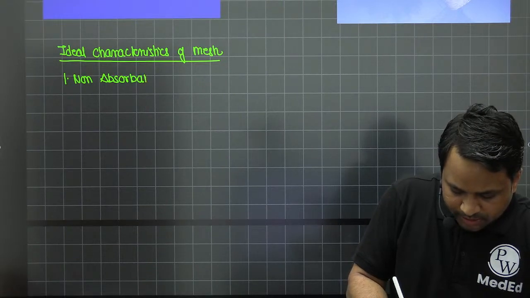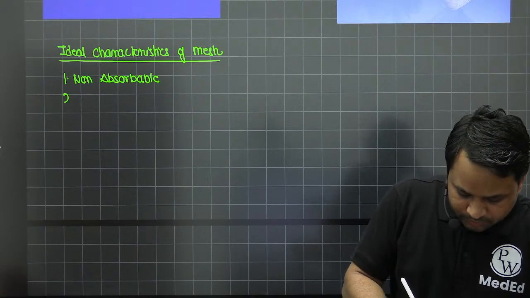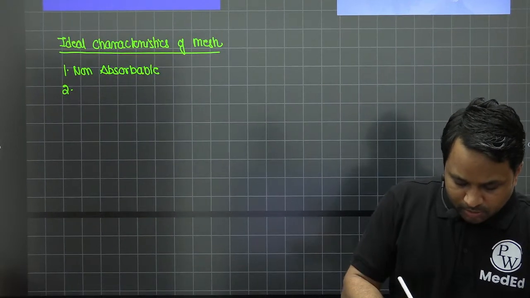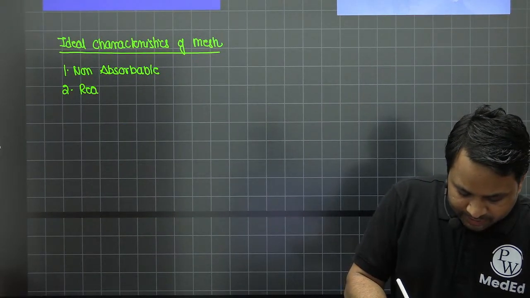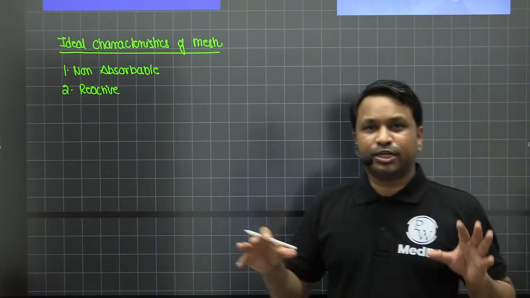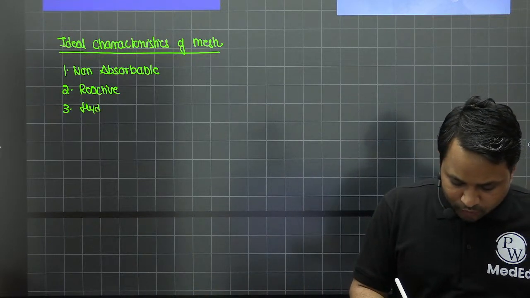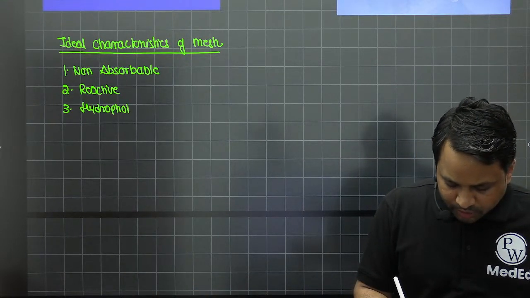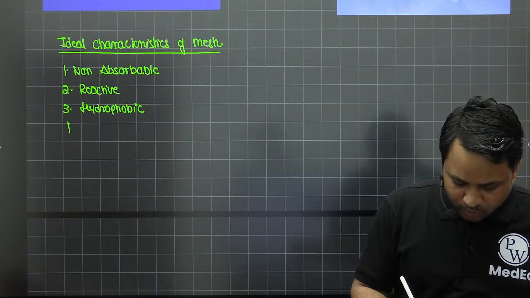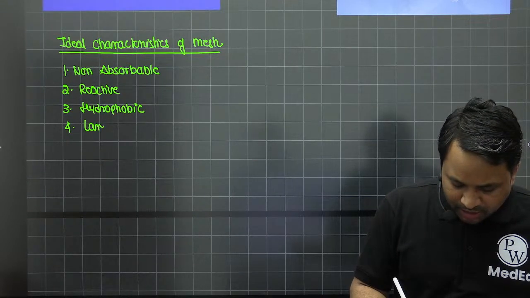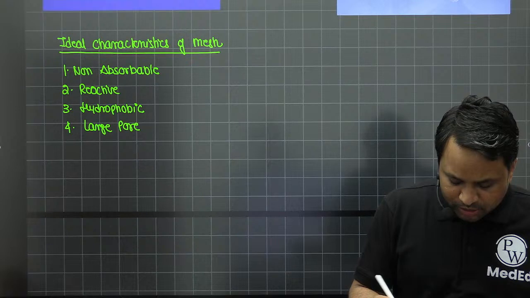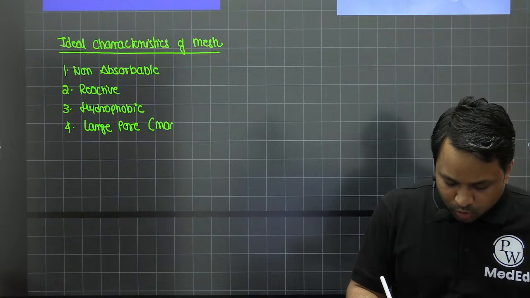So Prolene is non-absorbable. It should be reactive. That means it should not be biologically inert. It should create tissue reaction. It should be hydrophobic. It should repel water. It should have large pores. Small pores are not going to help. It is going to be macroporous.